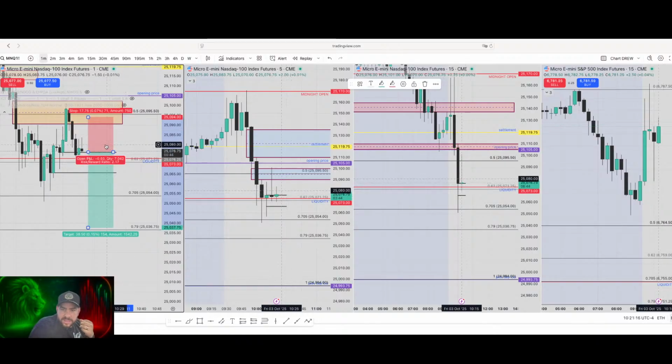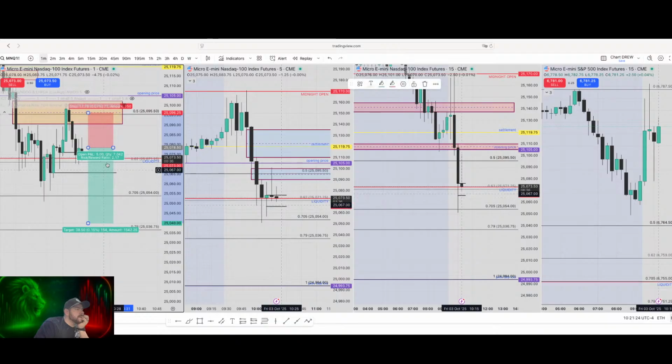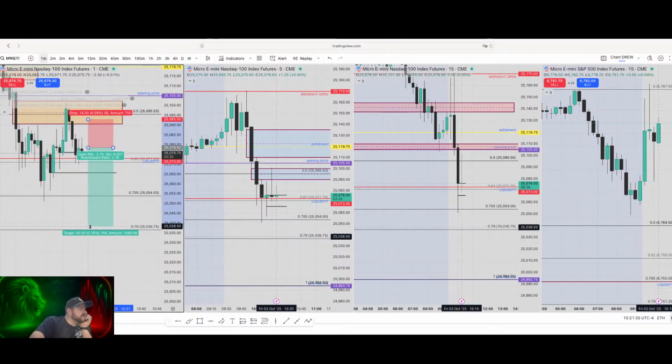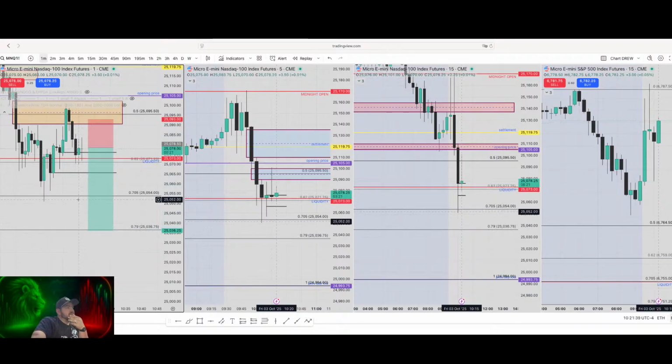More like, let's see, 7,850, like that. There it is. Okay, that's my entry and everything. We'll see what we can get here. We'll take these lows out. We'll go break even.